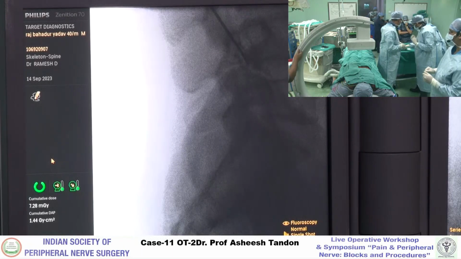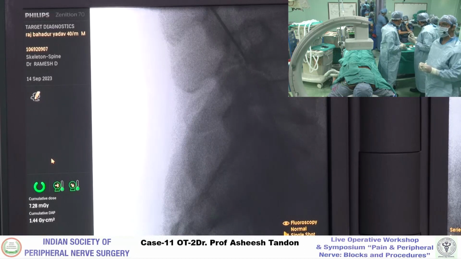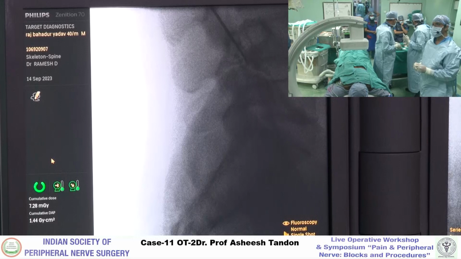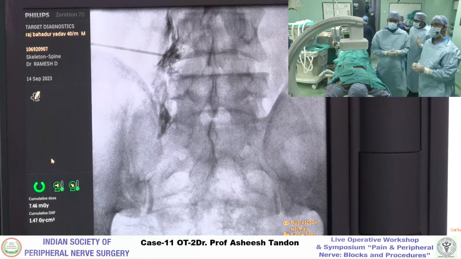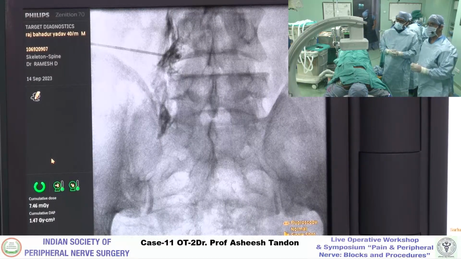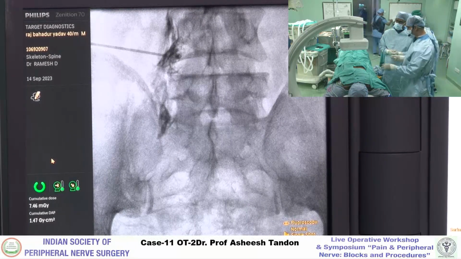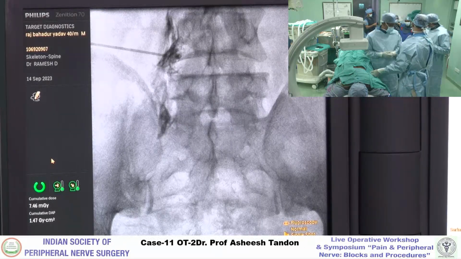Yeah, shoot now. Okay. ठीक है, Deepak? Yes, yes. Okay. Very nice. Okay. So now we'll finish this one, and he'll be doing a small interlaminar as well.